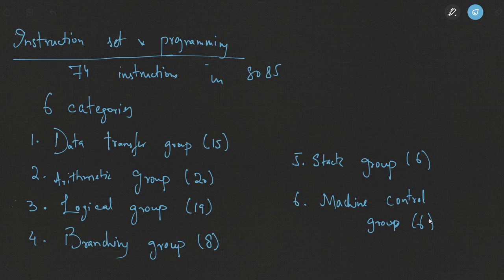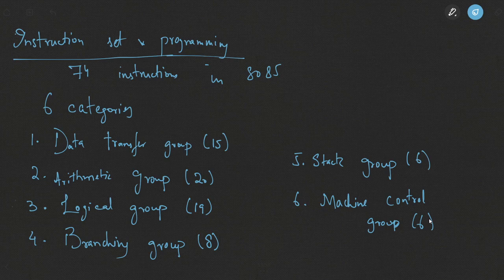So these are the different types of instructions of 8085 in each group. They have been classified on the basis of the main type of behavior they execute, whether it's a data transfer, an arithmetic operation or a logical operation, etc.